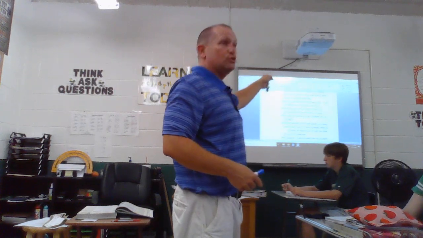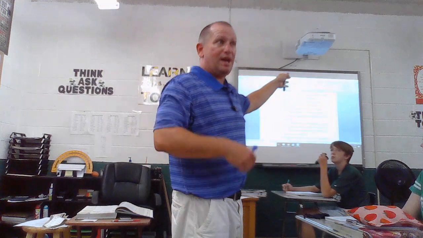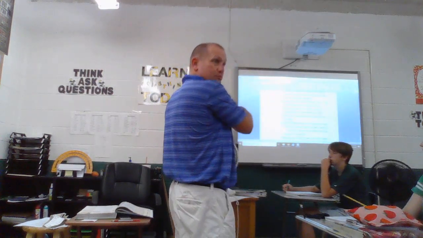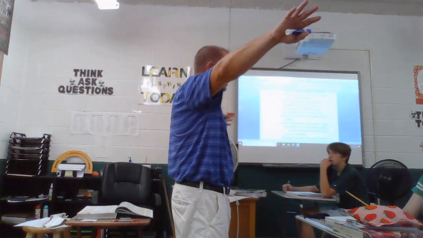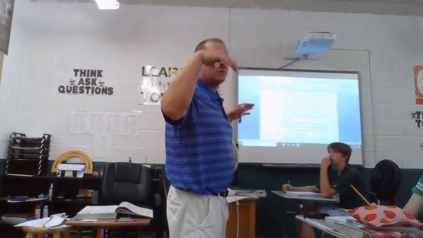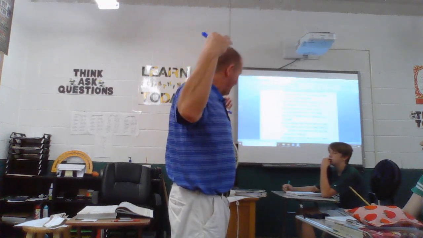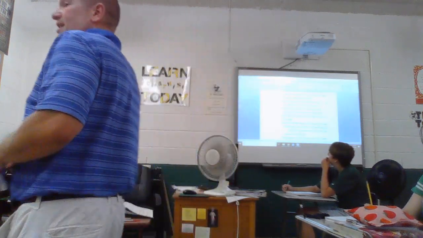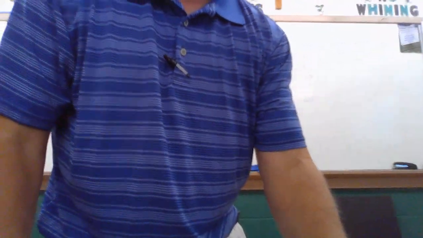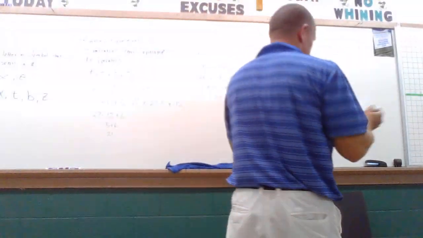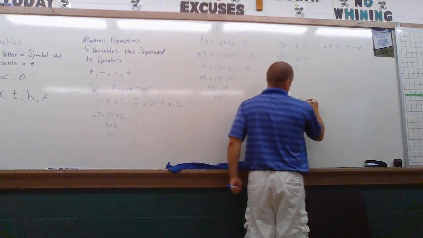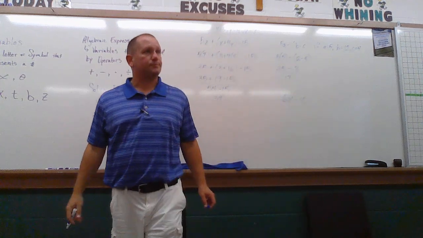So even though they threw in that word and, we got to kind of throw that out thinking addition and put it back to the subtraction part. So you're exactly right, but in all actuality, you're wrong, right? So we should have wrote what? 6x, and then what? Minus 10, even though that it says and. So we get 6x minus 10. Okay?